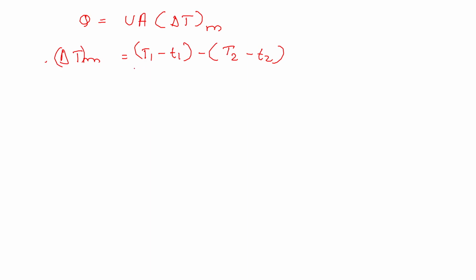No, madam, what you are saying is right only for parallel flow. For counterflow, both fluids move in opposite directions. So in that case, delta TLM will be given by capital T1 minus small t2 minus capital T2 minus small t1, divided by the log of capital T1 minus small t2 over capital T2 minus small t1.